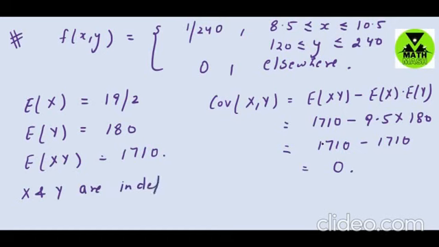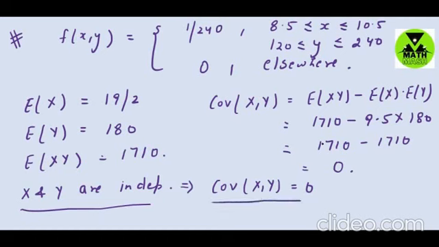So from here we can also see that if x and y are independent, this implies that covariance of xy is also equal to 0. So if x and y are independent, you can directly say that covariance of xy is equal to 0. But this is not the converse condition.